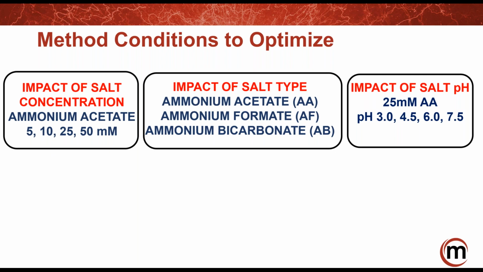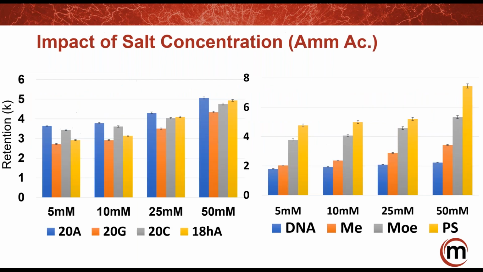And salt concentration, we went from anywhere from 5 to 50 millimolar. The type of salt we used, we looked at ammonium acetate, ammonium formate, and ammonium bicarbonate, all worked well with the new column, and also the pH. We looked at pH 3, 4.5, 6, and 7.5.